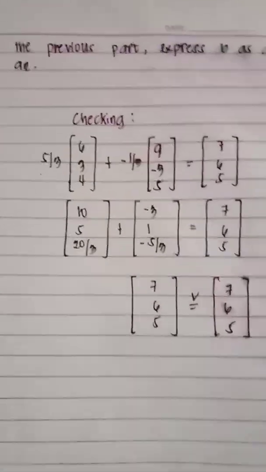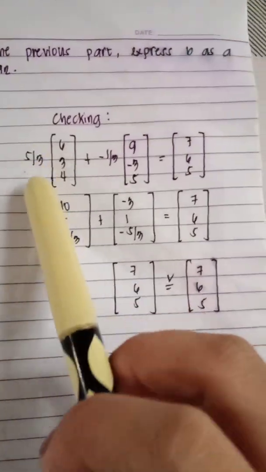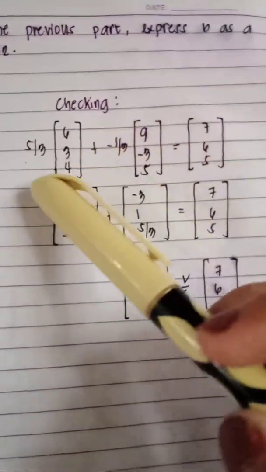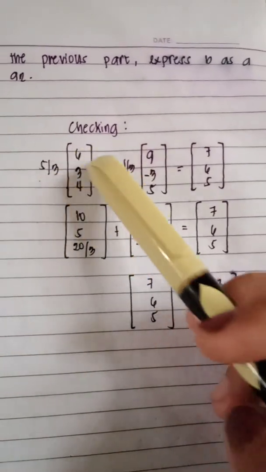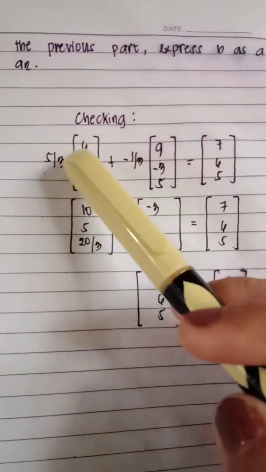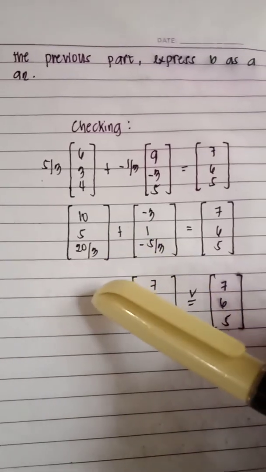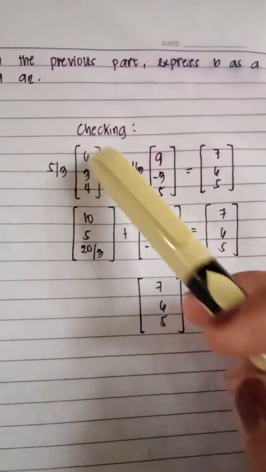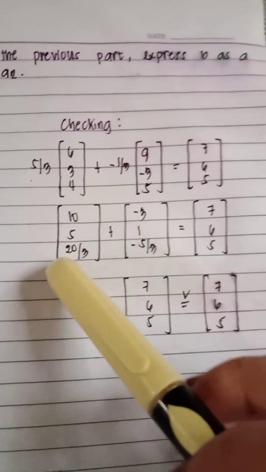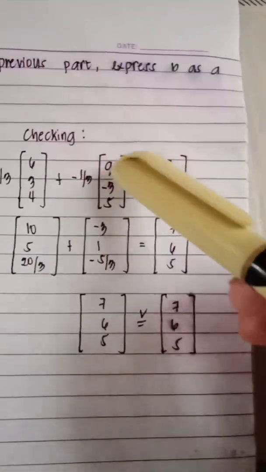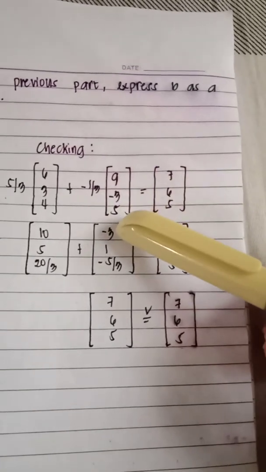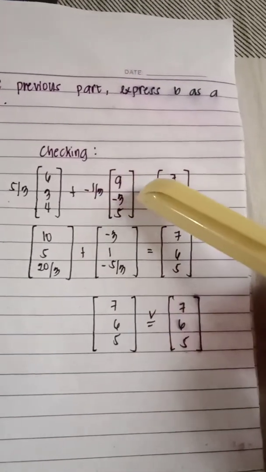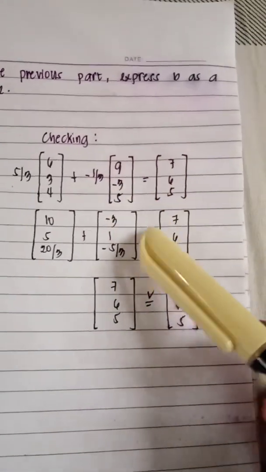So, let's check, substitute the values of C sub 1 and C sub 2. 5 over 3 times 6 equals to 10. 5 over 3 times 3 is equals to 5. 5 over 3 times 4 is equals to 20 over 3. Plus negative 1 over 3 times 9 is equals to negative 3. Negative 1 over 3 times negative 3 is equals to 1.